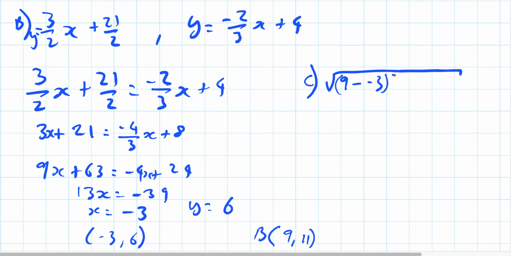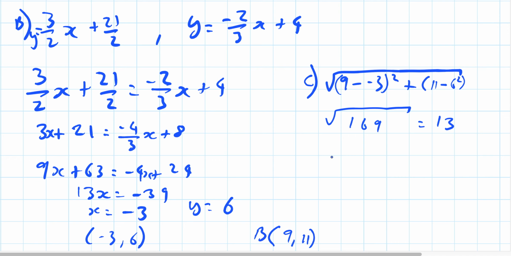Just in case you wonder where I got these numbers from, plus 11 minus 6 squared, which equals the square root of 12 squared, 144, plus 25, 169, which equals 13. Yeah, 12 squared is 144.